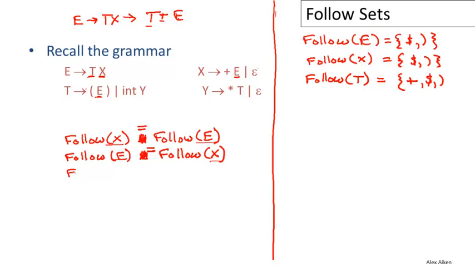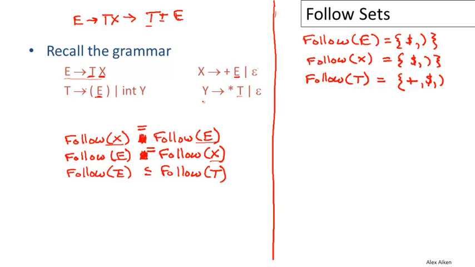Let me write that down over here just so we don't forget it. So the follow of E is a subset of the follow of T. We won't really need this fact again, but it's useful to write it down perhaps. All right, and now we're done with this use of X. We've included everything implied by this production that we can in the follow of T. And so now we have to look at the other place where T is used, and that's over here.